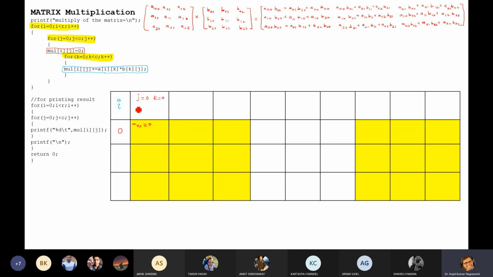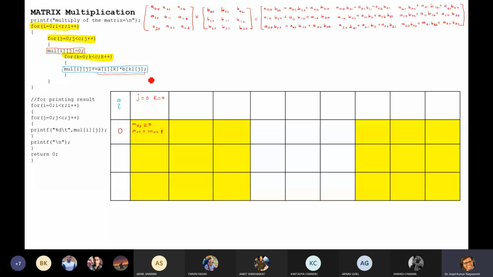So for j equals 0, what will be our answer? M00 is initialized. Now our answer will start: M00 equals M00 plus, from the next line I'm writing this term. What is our term?